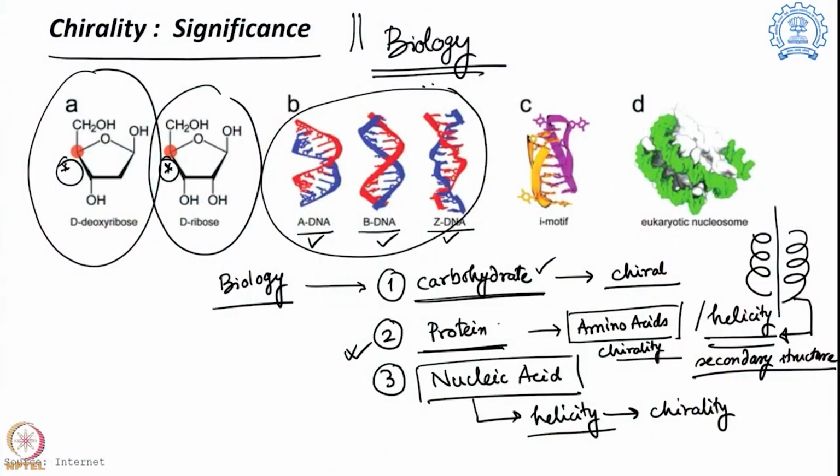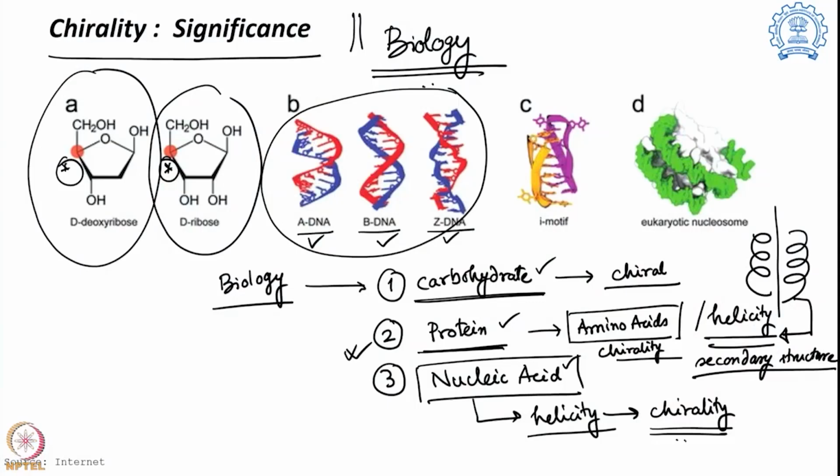So, in biology you have all these simple systems, the carbohydrate, the protein, the nucleic acid, from the very basic to the larger portion, they are actually maintaining the chirality, and this chirality becomes the template of their molecular recognition, because in biology carbohydrate, protein and DNA play together to interact, and they talk to each other through this molecular recognition, and chirality becomes one of the most important factors of this molecular recognition.